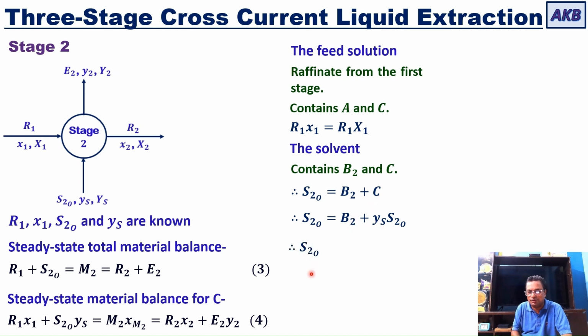And I will bring this term on this side. So it will be S20 minus Ys into S20 is equal to B2. Then S20 can be taken out as a common term. So S20 into 1 minus Ys is equal to B2.